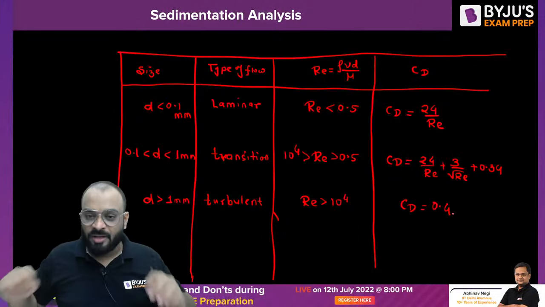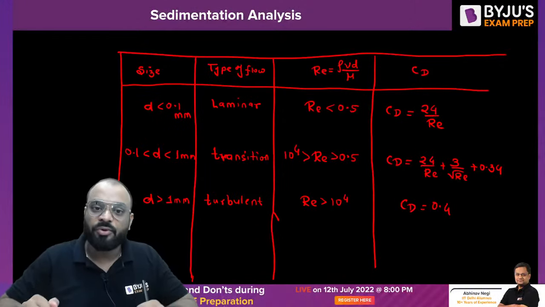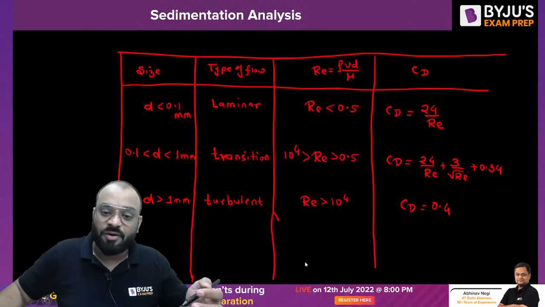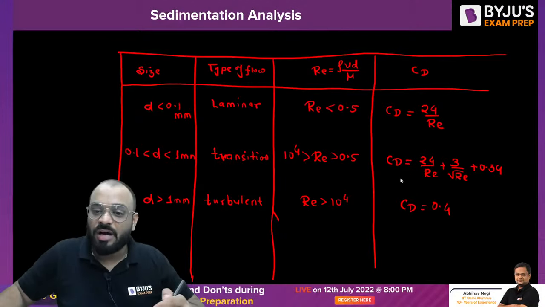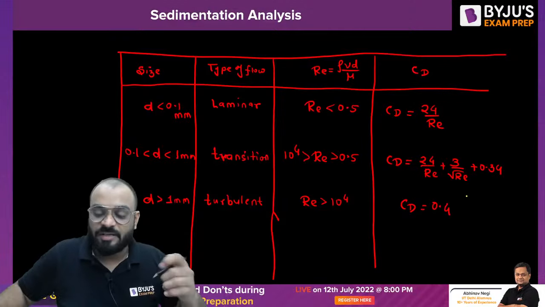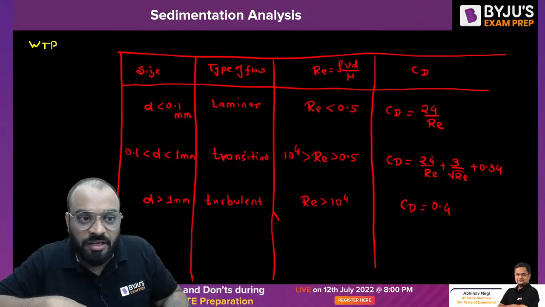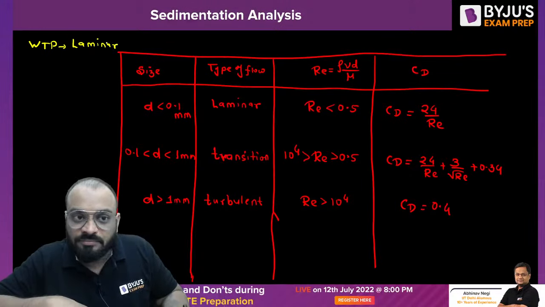Clear? Now guys, you need to understand which type of flow you have to consider in case of water treatment plant, and which type of flow you have to consider in case of wastewater treatment plant. So guys, let me explain it. Most of the time in case of water treatment plant, you may find the laminar type of flow only, right?